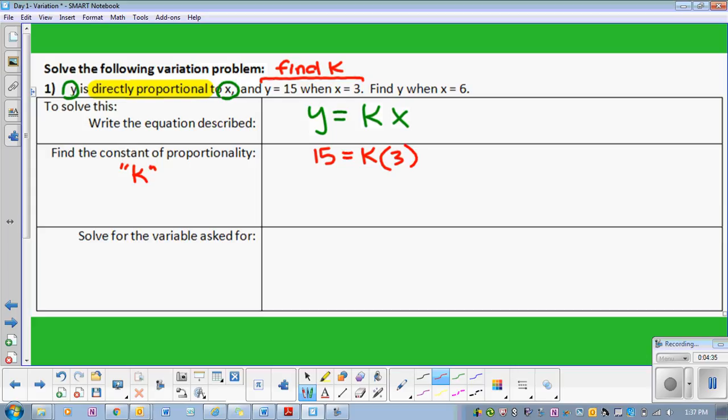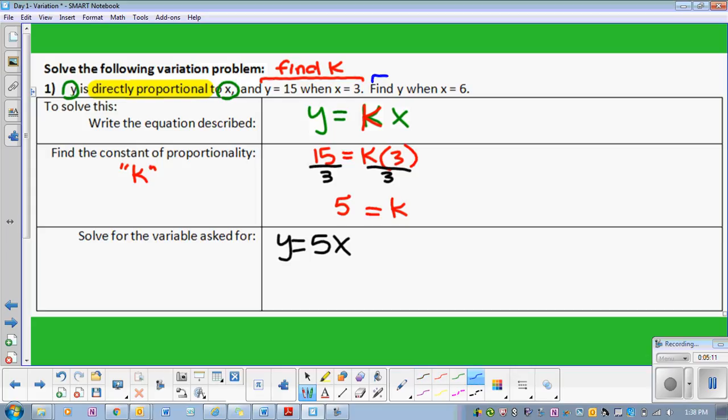Divide by 3. So k equals 5. Now you take that k and plug it into your original equation. So now you have y equals 5x, because you need that relationship link, and that is your k.